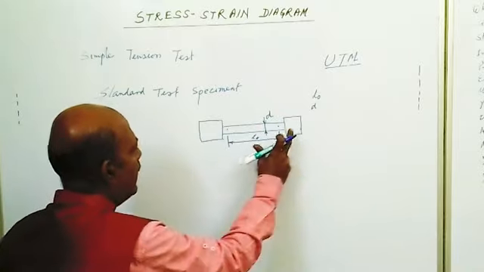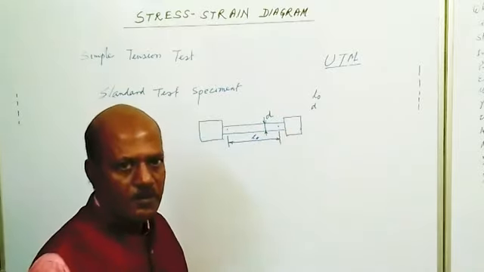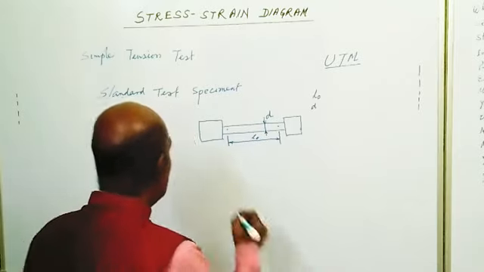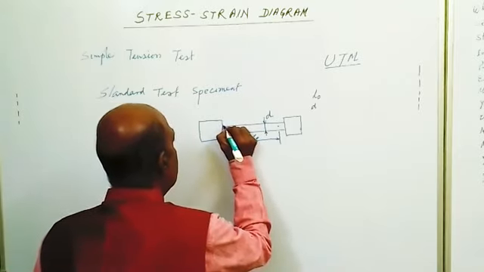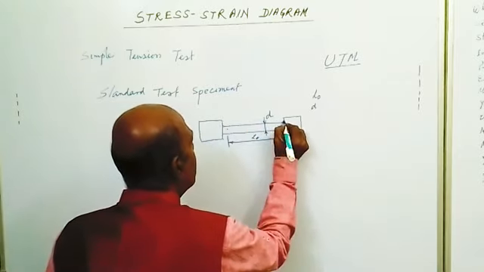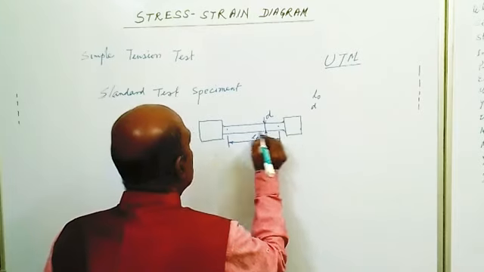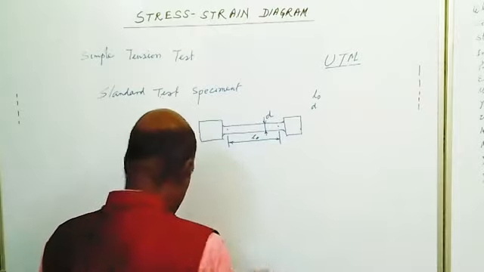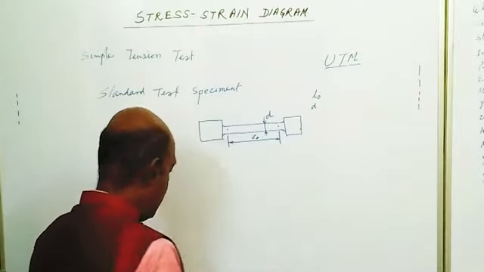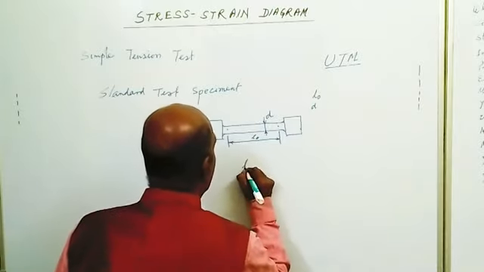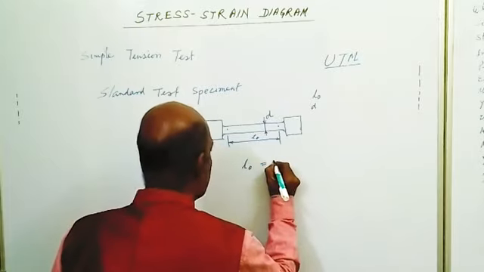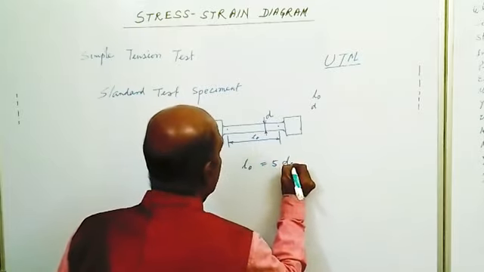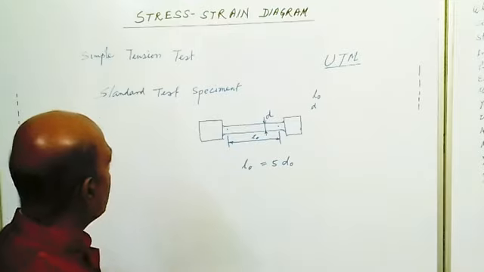At the end the diameter is more for gripping purpose, and there is also a radius here. This specimen is called the standard test specimen and is given by L0 is equal to 5 into D0 for a circular specimen.